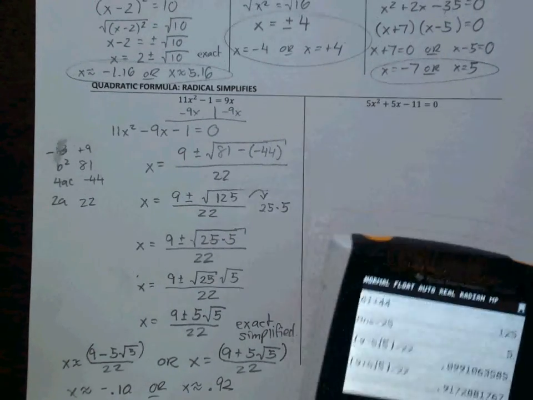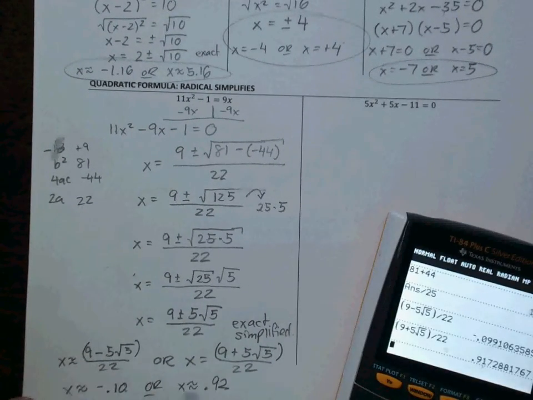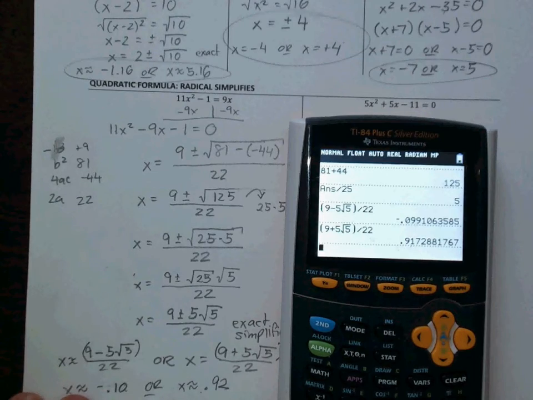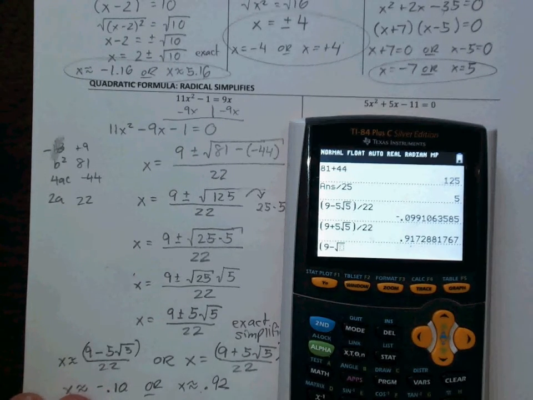And one thing I will add to this is, if all I needed was the decimal solution, I could have done that up here. So up here I'm going to do, in parentheses, 9 minus the square root of 125 divided by 22.